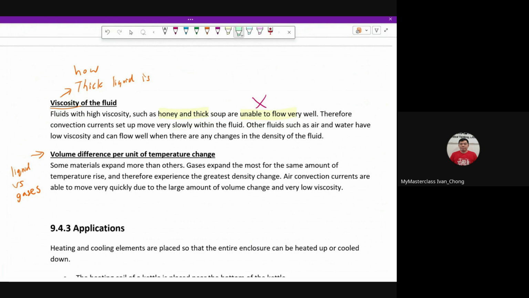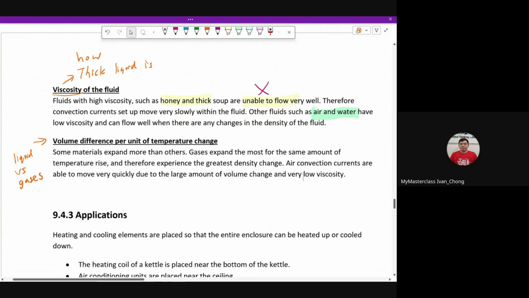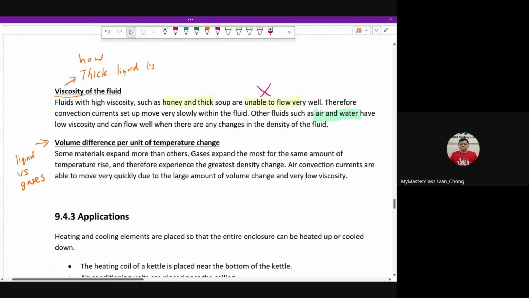This is just the reason why. Because if they are so sticky, they can't move very well. If some of you tried to cook your own caramel at home, it takes a much longer time to cook caramel. So because of that, it is not advisable.